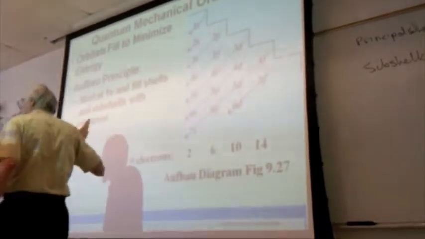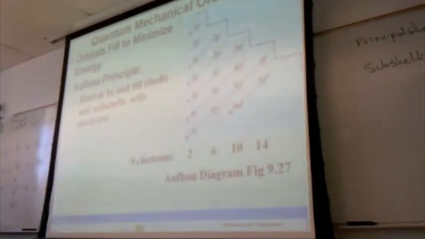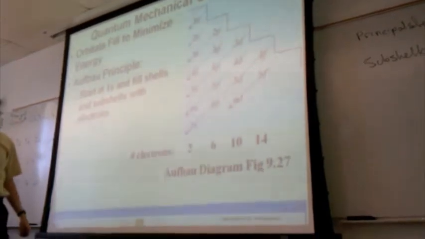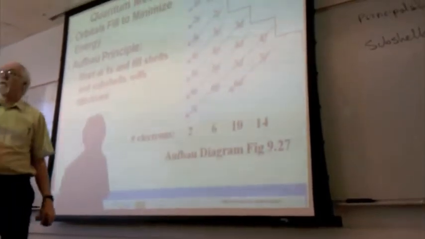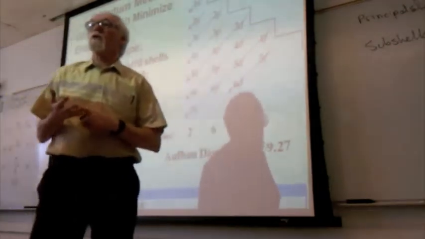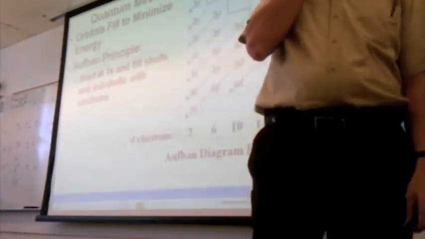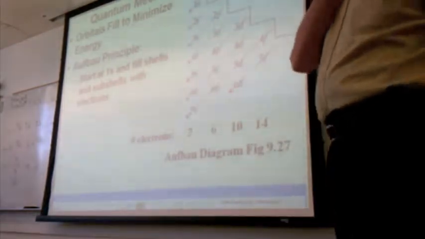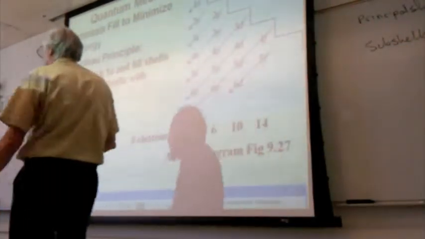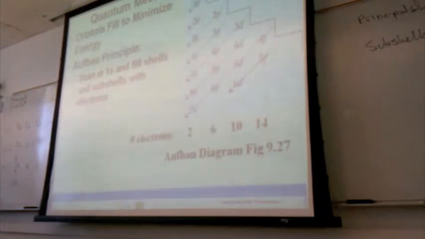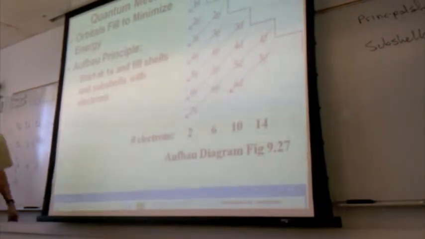And I even posted that as a slide that I showed you on Angel. And in 2 weeks, you're going to have a dry lab where you're going to be writing electron configurations. You might want to bring that with you. It'll help you immensely to write electron configurations, and it'll be very handy.